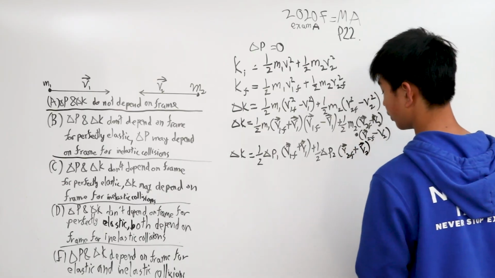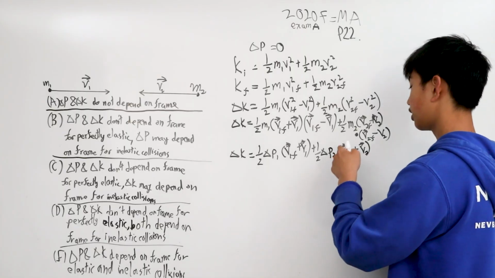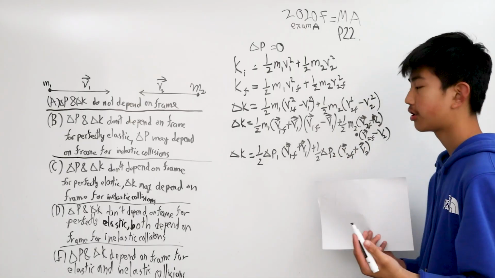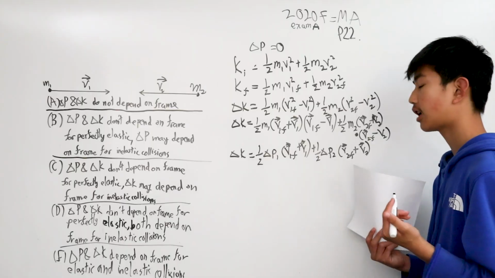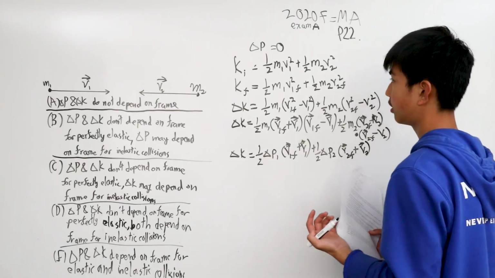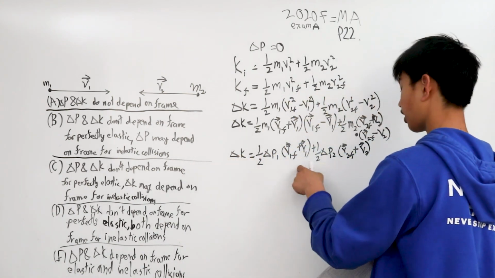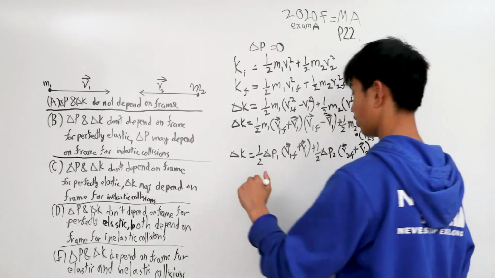Now, since delta P1 is equal to negative delta P2, we simply factor them out.